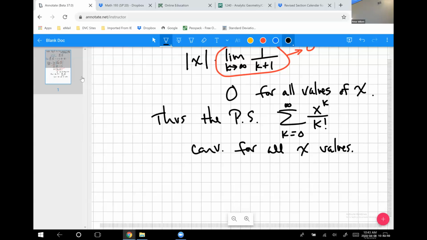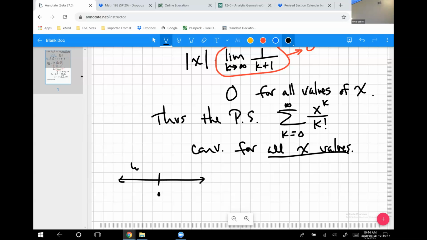So the original problem asked us to determine what is the radius of convergence and what is the interval of convergence. If we're again thinking of centered at 0, but now since this converges for all x values, that means on the x number line, all of those values converge. So the radius of how far I can go in either direction is infinite.